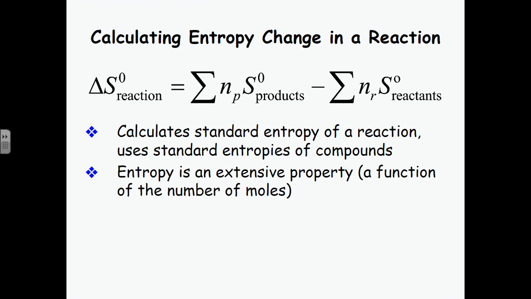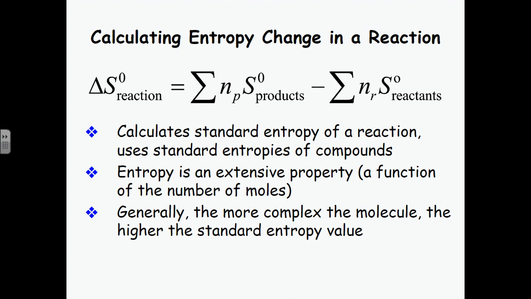I've talked about it as being an extensive property that relates to the number of moles. So if you look at the comparison states of gases and you have a scenario where you're growing your number of gas molecules, it's usually going to favor entropy.